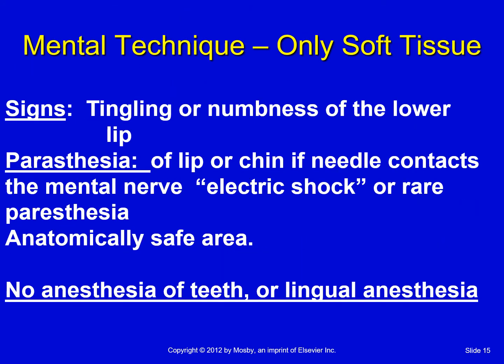So how can you tell if you have had a successful injection? They're going to feel tingling or numbness of the lower lip, so they are going to have paresthesia of the lip or chin. If the needle contacts the mental nerve, they're going to have a little electric shock, or rarely a slight transient paresthesia, because it will go away.